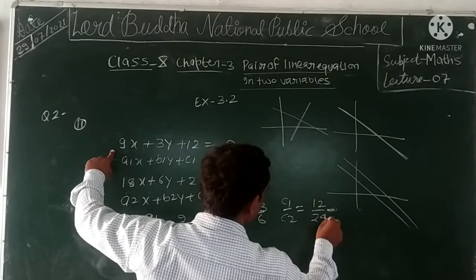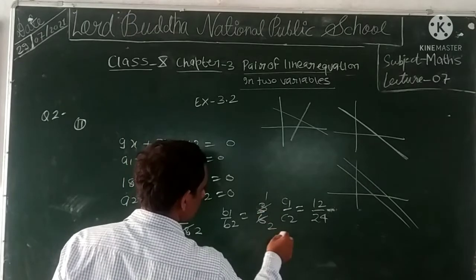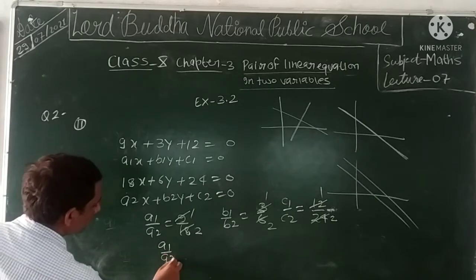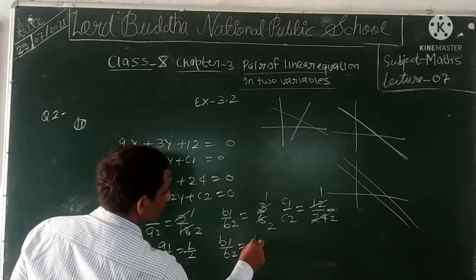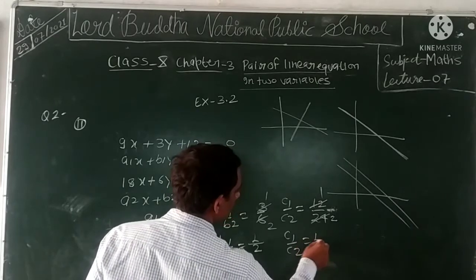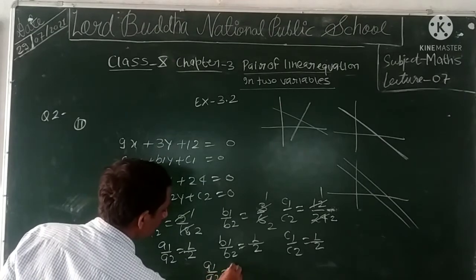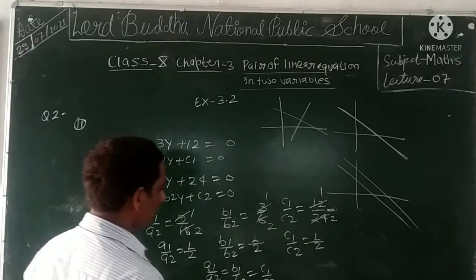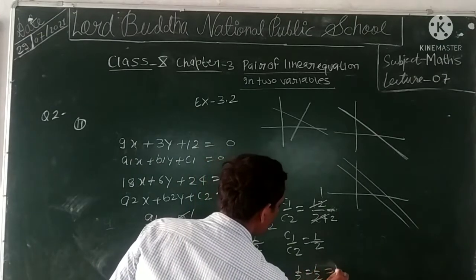Now see that: 9 ones are 9, 9 twos are 18, 3 ones are 3, 3 twos are 6, 12 ones are 12, 12 twos are 24. A1 upon A2 equals 1 by 2, B1 upon B2 equals 1 by 2, and C1 upon C2 equals 1 by 2. We see that all the ratios are the same, that is A1 upon A2 equals B1 upon B2 equals C1 upon C2, all 1 by 2.